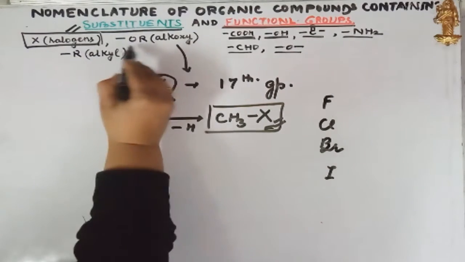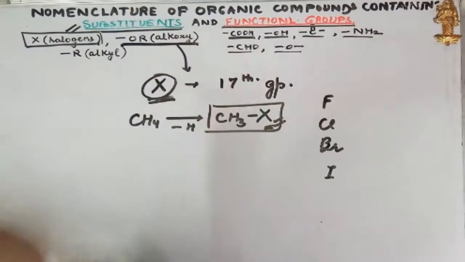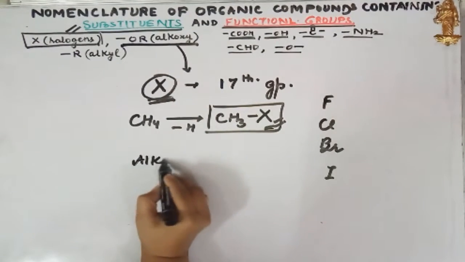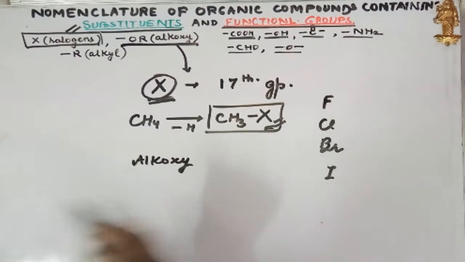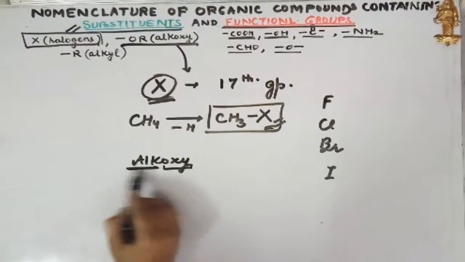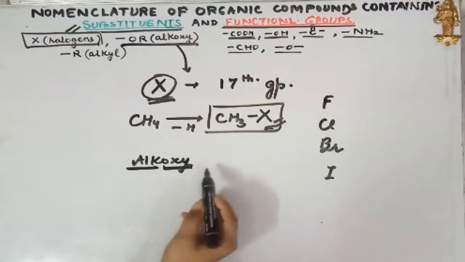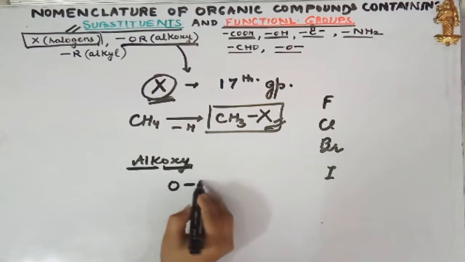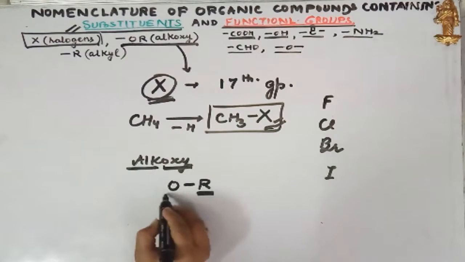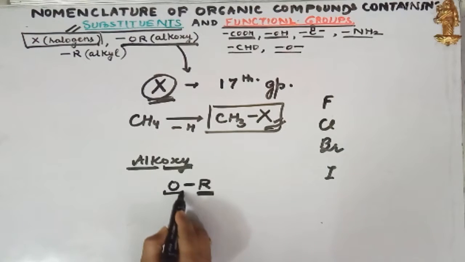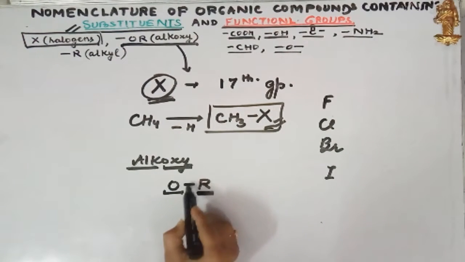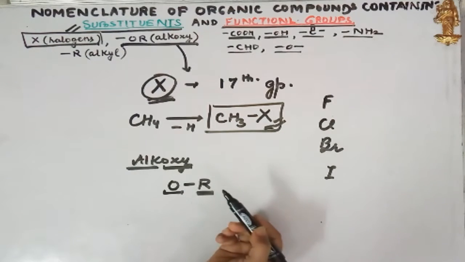Other than that, we have another substituent that is called the alkoxy group. As the name indicates, the alkoxy group contains 2 parts, the alkyl part and the oxy part. So let us take O and R. This R is the alkyl part, made from an alkyl group, and this O is the oxy part. Depending upon what that alkyl part in the alkoxy group is, we'll name that alkoxy group.